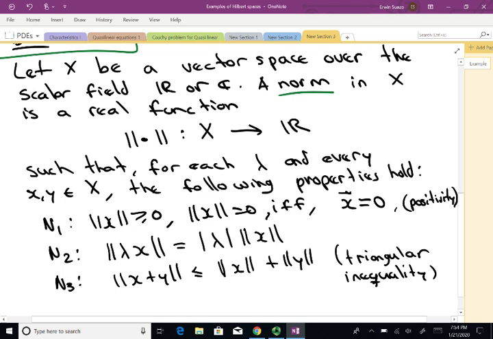Matrices could be like in linear algebra. Most of the vector spaces you saw in linear algebra are going to have a norm.